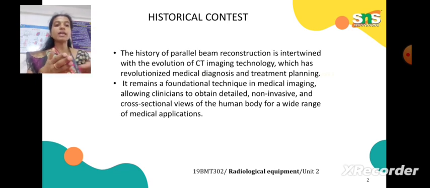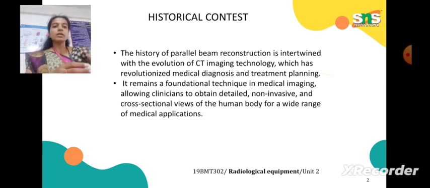It remains a fundamental technique in medical imaging, allowing clinicians to obtain detailed, non-invasive, cross-sectional views of the human body for a wide range of medical applications.